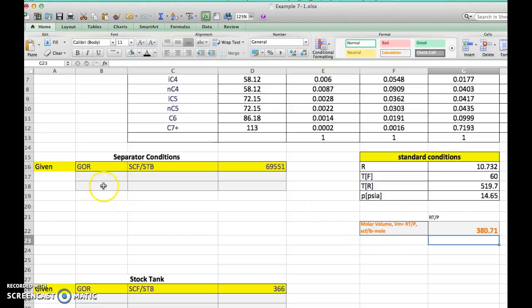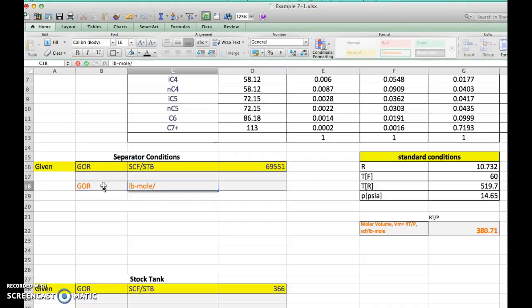Therefore, you could convert the GOR value to pound mole divided by STB. That means per 1 STB of oil, how many moles will we have? That would be this divided by this value.